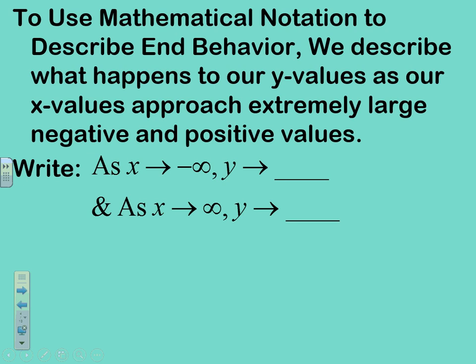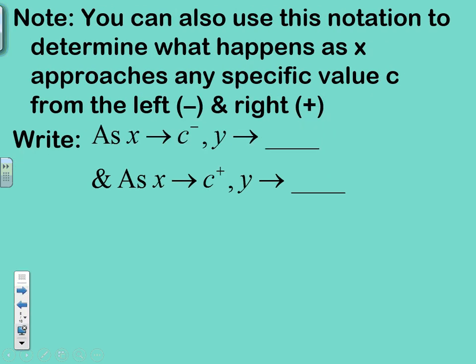A lot of times we're going to have horizontal asymptotes, and as a result, y will not approach an extreme, rather it will approach a particular number. That is something we would refer to as a limit, meaning as x approaches some extreme, y approaches some particular value, and so we would refer to that as the limit of the function.